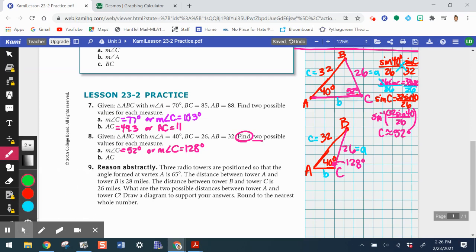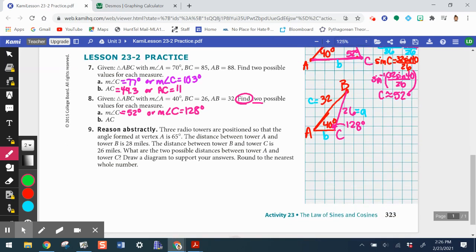So if these two angles, if this is 40 and 52, we're going to take 180, subtract 40, subtract 52, and we find a possible angle measure for B is 88 degrees. And we'll do that likewise down here. Now we'll take 180, subtract 40 again, but now subtract our other possible angle measure, 128, and we get angle B is 12 degrees.